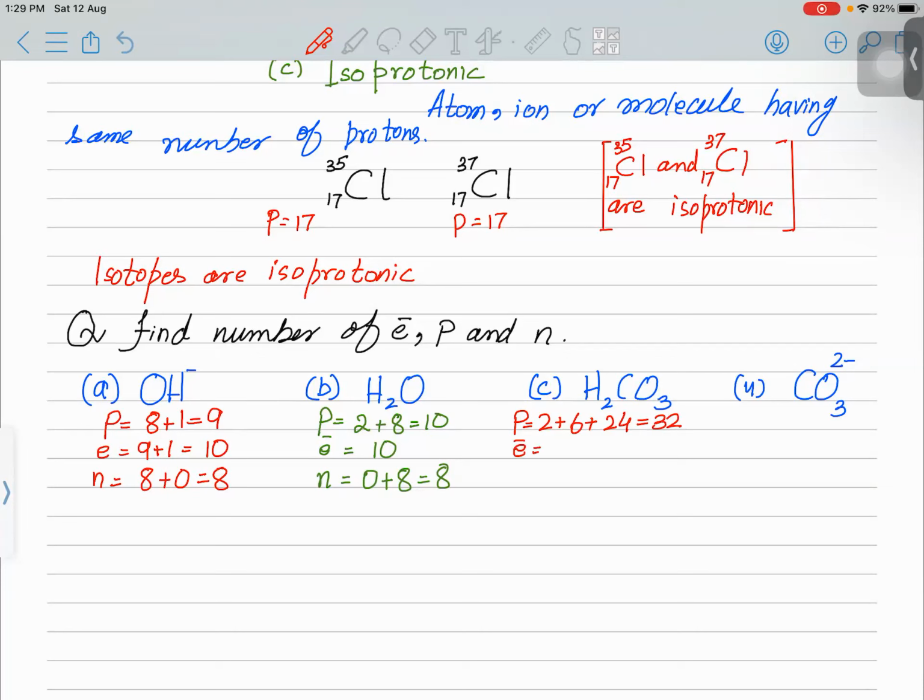There is no charge, so 32 electrons. Neutrons: hydrogen zero, carbon 6, and oxygen 8 times 3 is 24. So it's 30.